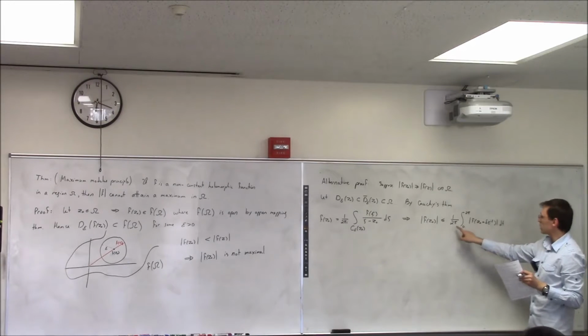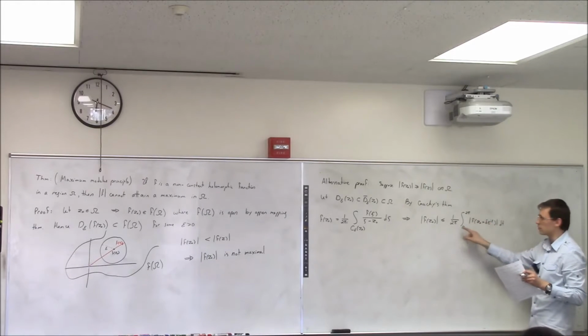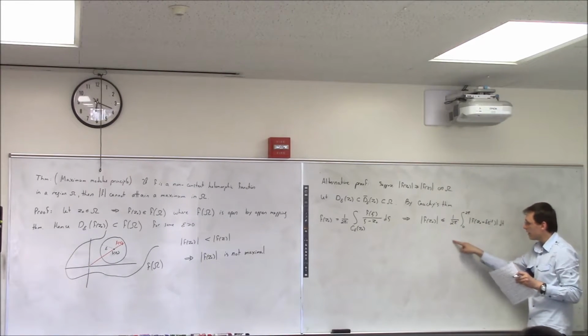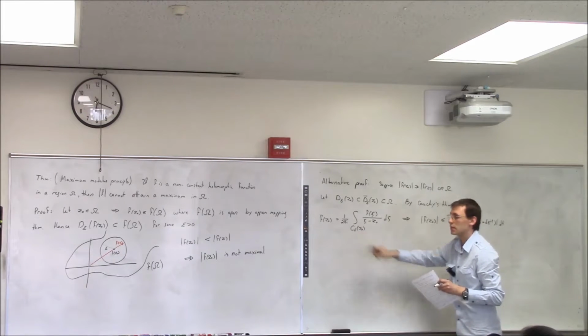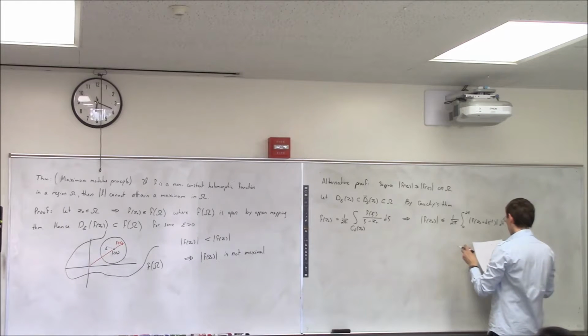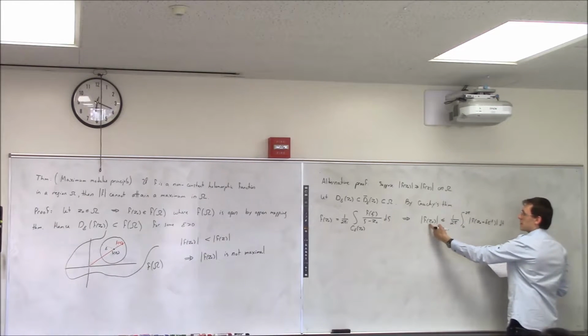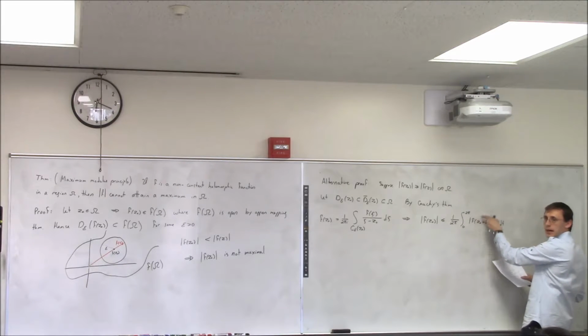Right? Now, if you look at it, what is that? This is the average. You see that this is the average of all the values around the circle. So this is the integral that represents the average value of the modulus of f over the circle. Now, because the modulus of f of z0 is assumed to be maximal, I can replace this function by the maximum value.